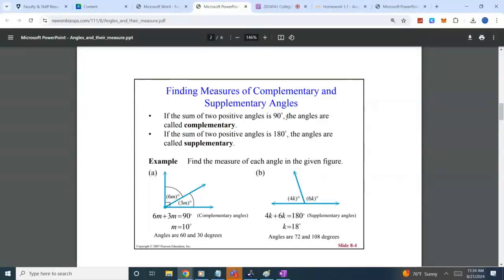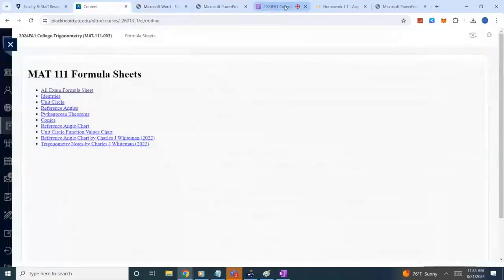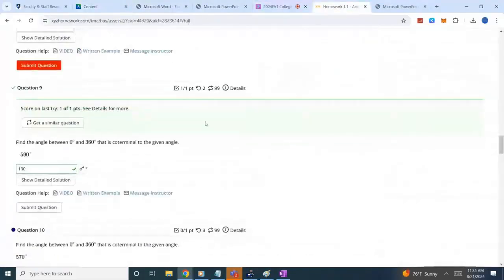And we're going to take a look at an example of that. 2 angles are supplementary if the sum of the 2 angles is pi radians. Because remember that 180 degrees is equal to pi. So let's take a look at an example.